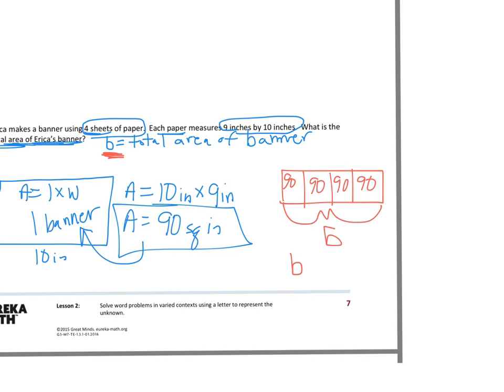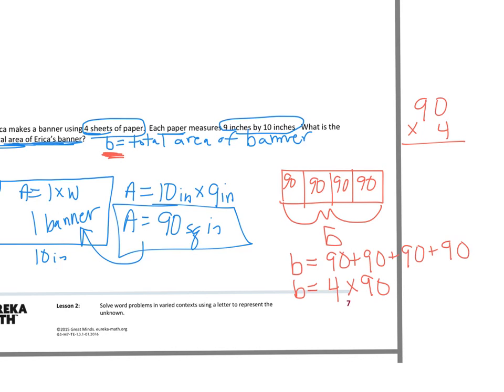I know B equals either 90 plus 90 plus 90 plus 90, or B equals 4 times 90, because there's 4 groups of 90. So I can then either multiply it out or I can add up. And I'm going to show my multiplication over here, but if you need to add 90 plus 90 plus 90 plus 90, you can as well. And I get 360.